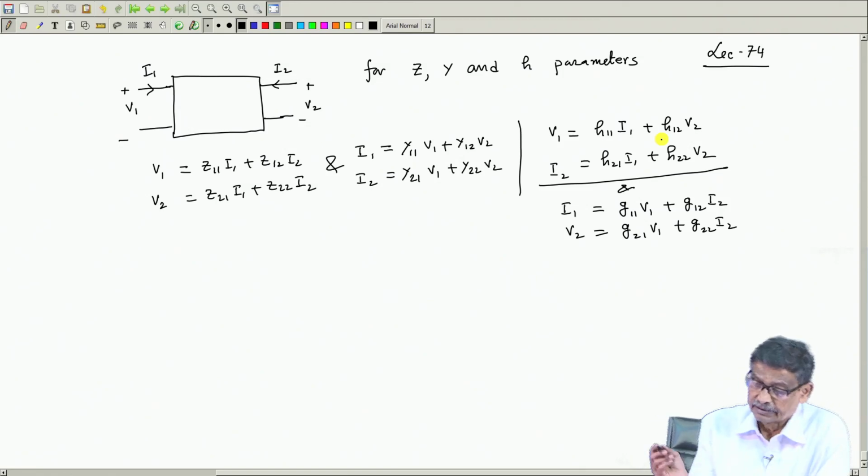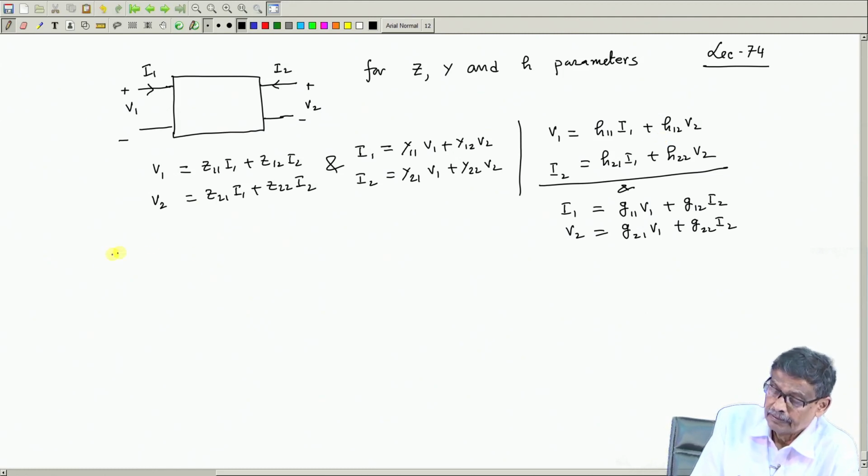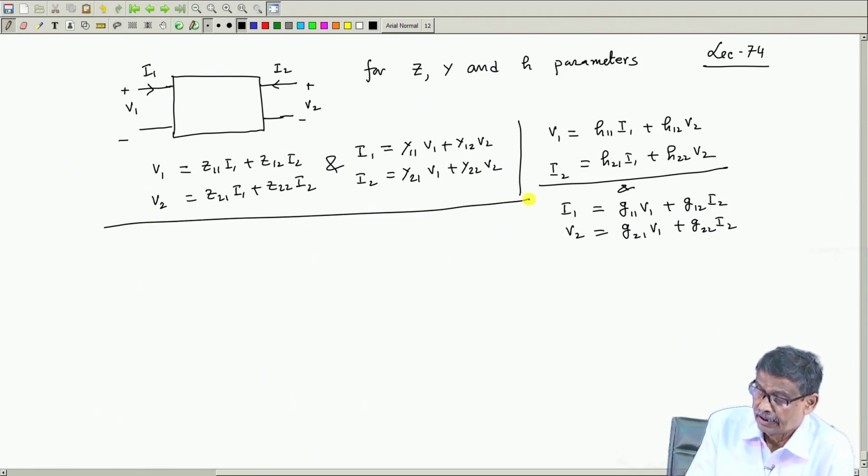Then in my last class I told you that there is another set of parameters called ABCD parameters, and it is written like this.